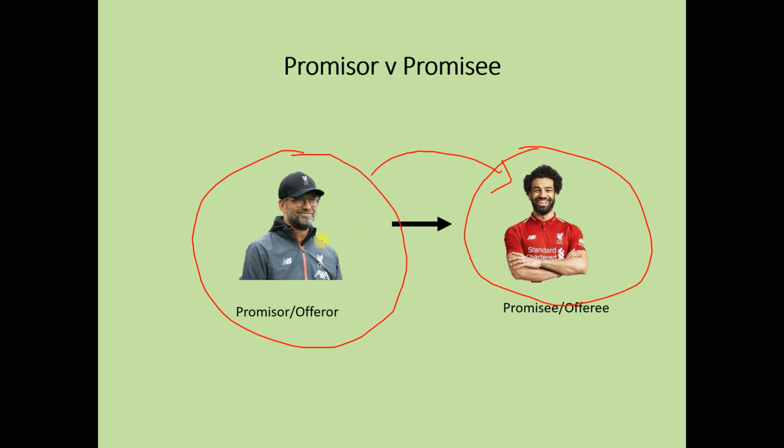So that is a kind of proposal. The person who makes the proposal is again called the promisor or offerer. Sometimes you come across this word, and sometimes we come across the word offerer, but they are the same thing. And then the promisee, the other party, we also call an offeree. So they are synonymous, so don't get confused if you come across the words offerer and offeree.